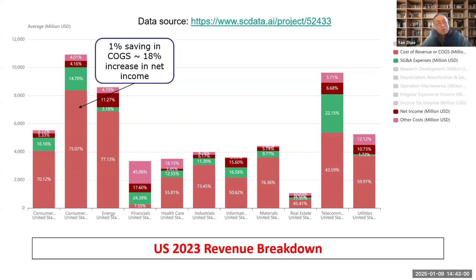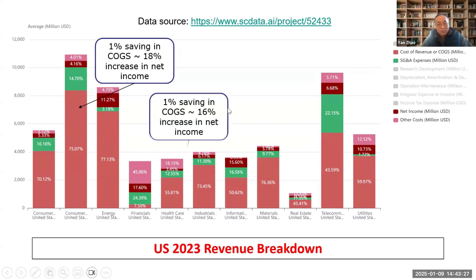So 0.75 divided by 4.16%, and you get about an 18% increase in net income. A 1% saving in cost of goods sold will give you an 18% increase in net income. And of course, equivalently, a similar increase in stock price. That's for consumer staples.